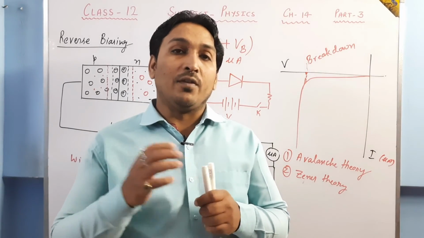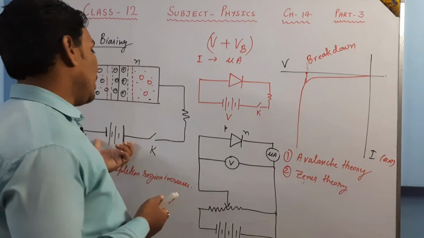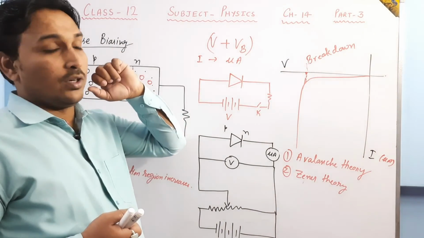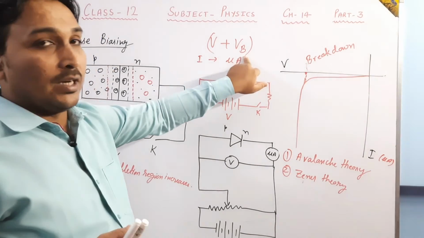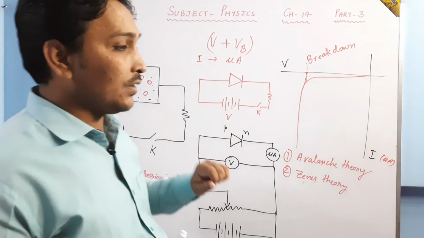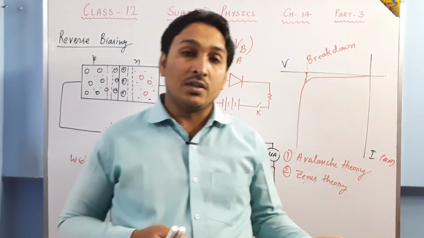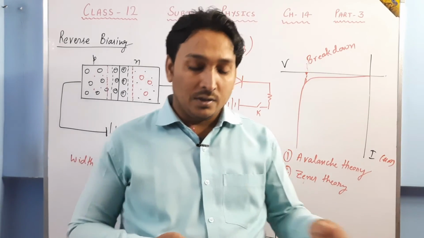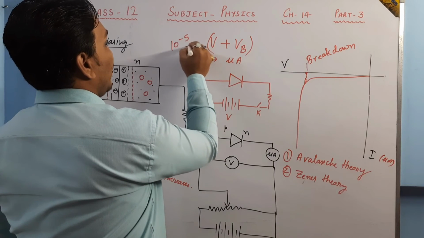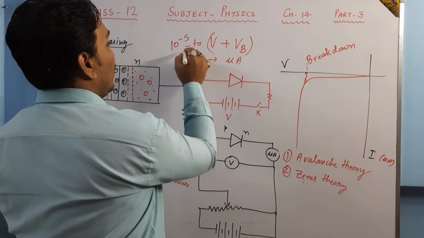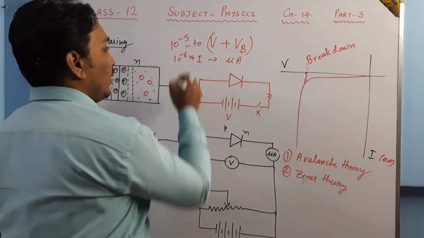Now what happens when we apply a reverse voltage V? It is added to the barrier potential and the net voltage increases. This net voltage causes a higher electric field. The width of the depletion region is approximately 10 to the power minus 5 to 10 to the power minus 6 meter, which is very small.